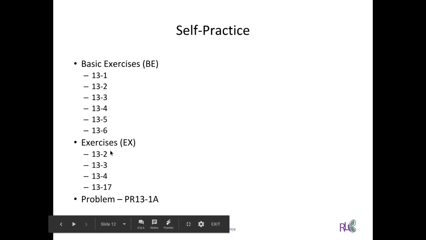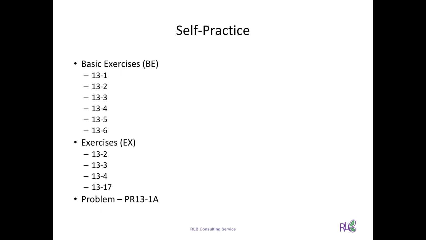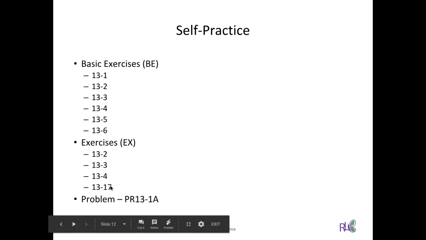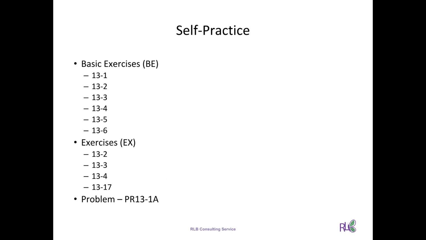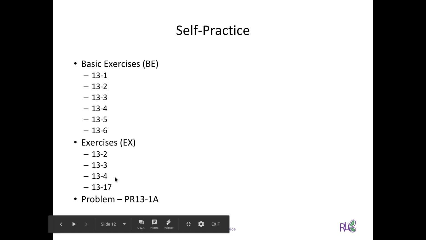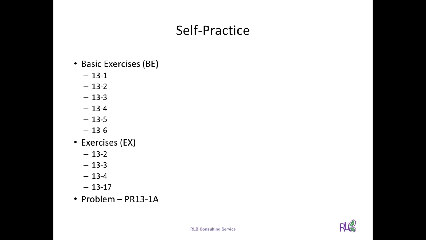Then do exercises 2, 3, and 4. I already gave you 5 and 6 on the other slide, and then 17, and then PR 13-1A. If you're able to do these, then you're able to duplicate a statement of cash flows on your own. If you're not able to do 13-1A after you've done all of these, then you need to come see me or come see a tutor.